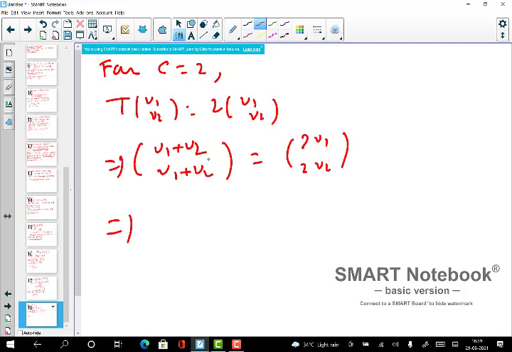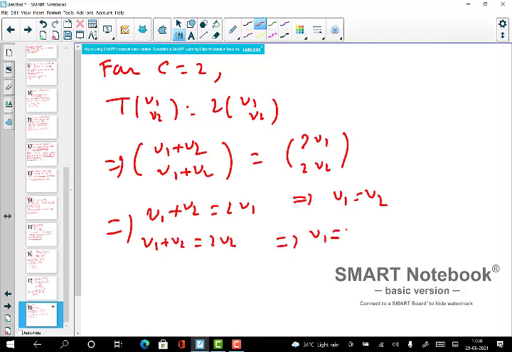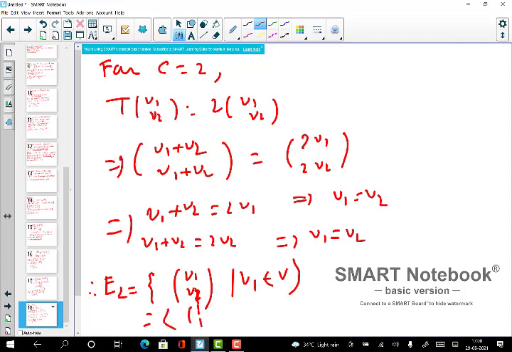From the first, V1 plus V2 equals 2V1, which implies V1 equals V2. From the second, V1 plus V2 equals 2V2, which also implies V1 equals V2. So the eigenspace is generated by the vector (1, 1).